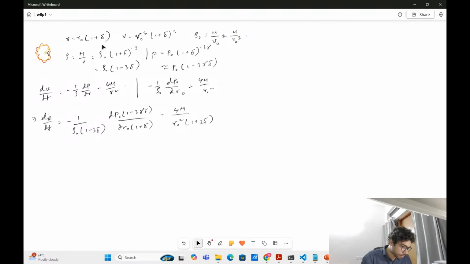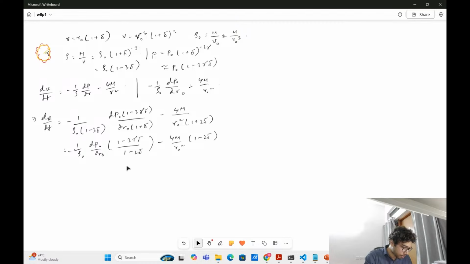So by just simplifying this, we get dP₀/dr₀ (1 - 3γδ)(1 - 2δ) minus GM/r₀² (1 - 2δ). I'm just taking this in the numerator, and therefore this will be (1 + 2δ) to the power minus 1, and then again doing binomial expansion, it's 1 - 2δ.